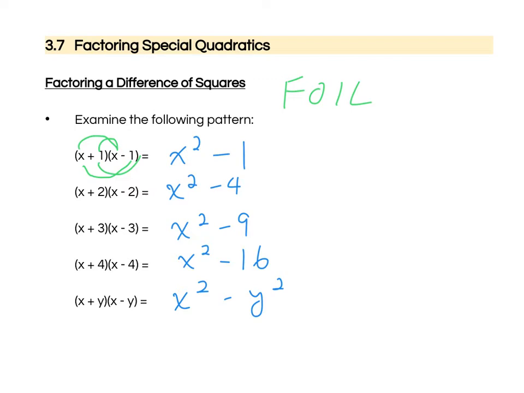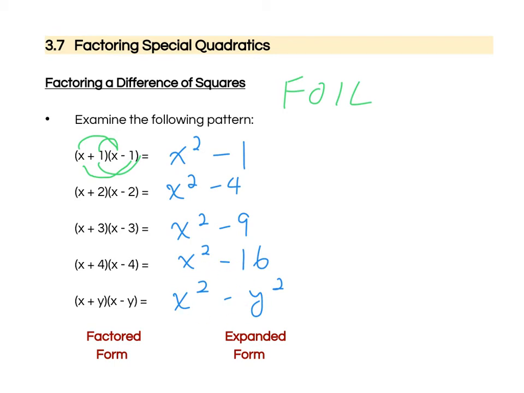Okay, and so now I want to stop and remind you of what we talked about at the beginning of this unit, which is that factoring is the opposite of expanding. So in other words, what we have on the left-hand side is simply the factored form of the expanded form.